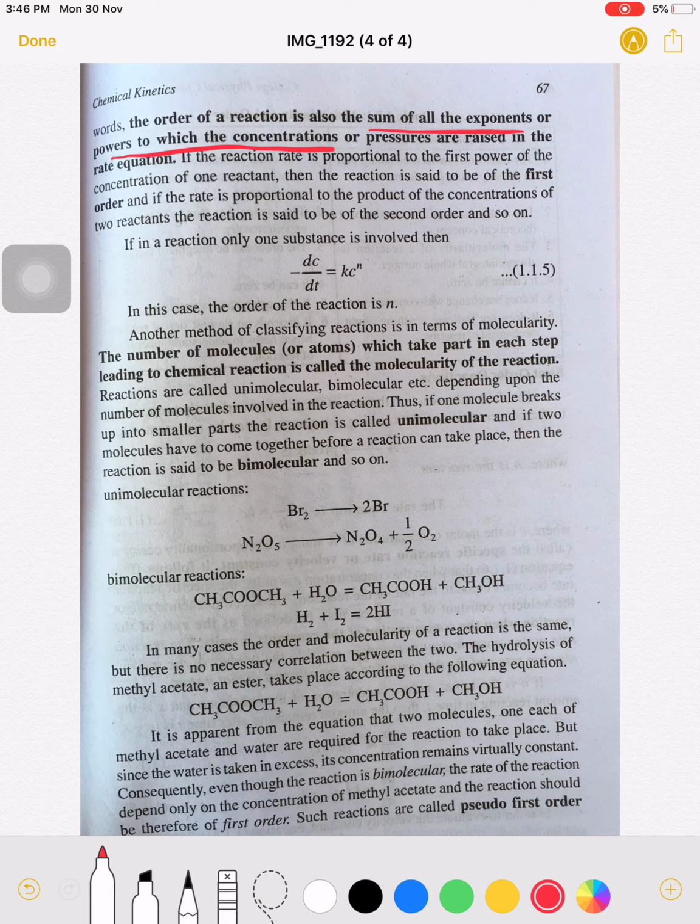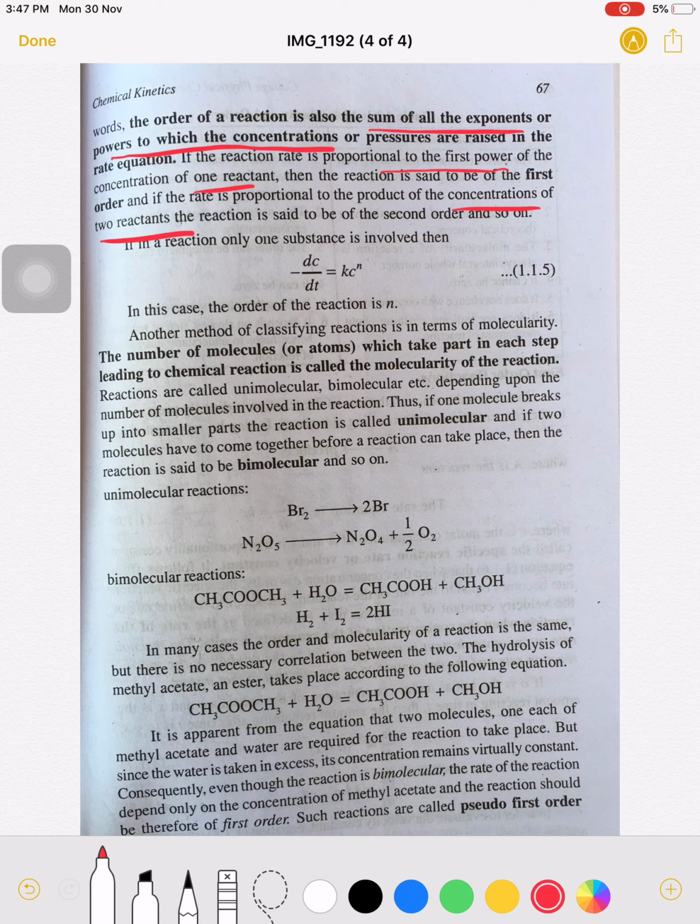If the reaction rate is proportional to the first power of the concentration of one reactant, then the reaction is said to be first order. So what is first order? When the reaction rate is proportional to the first power of the concentration of the reactant, that reaction is first order. If the rate is proportional to the product of concentrations of two reactants, the reaction is said to be second order.